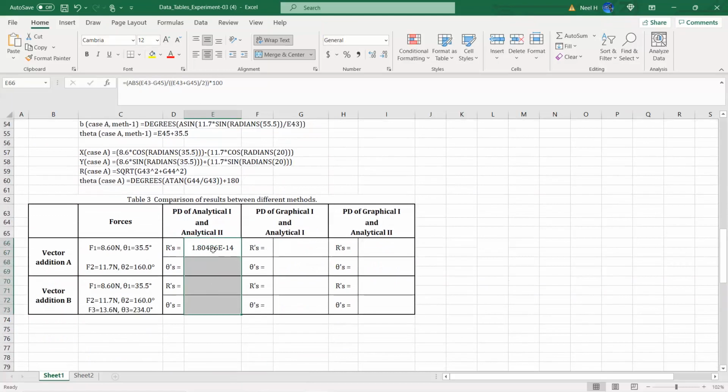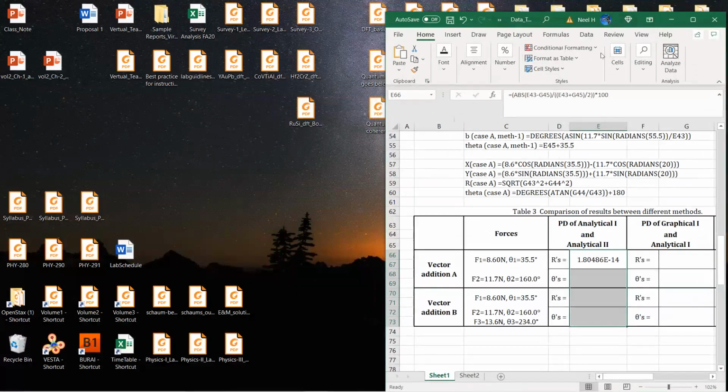If it shows up in scientific notation, never use scientific notation for percentage errors or any errors, okay? Make sure you go into the Home menu bar, in the middle part right here, and click the down arrow, then you can change that into just numbers, okay?